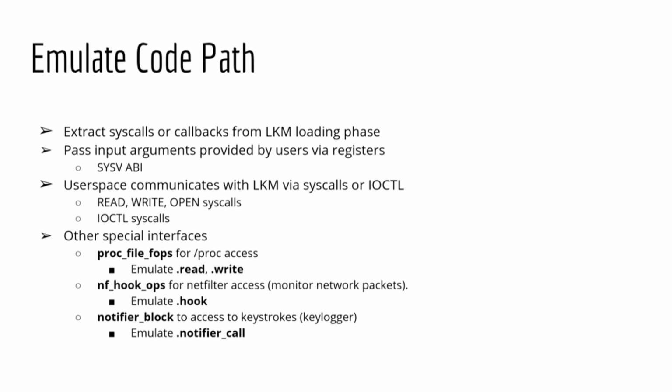Here I list some of the most popular code paths that a kernel rootkit can set up, and the user needs to specify the input for all those code paths if they want to emulate them.